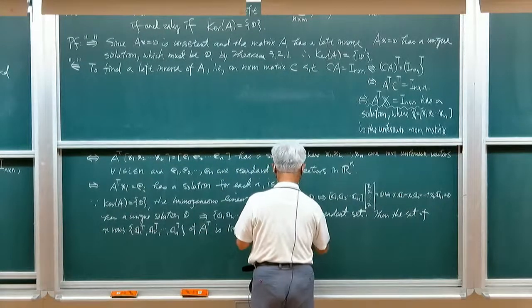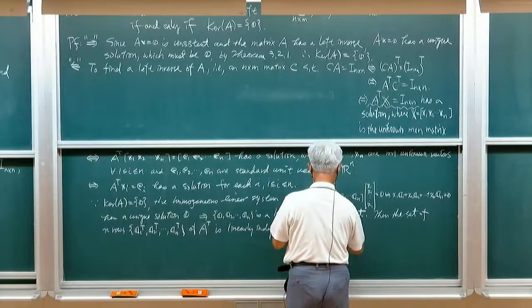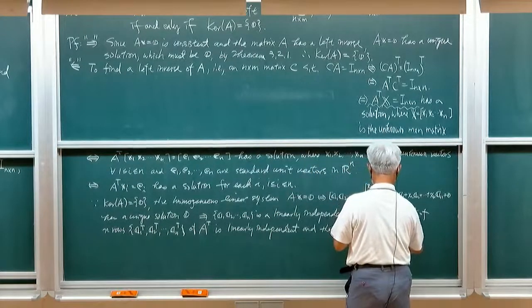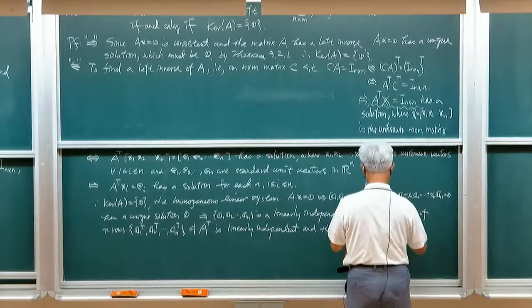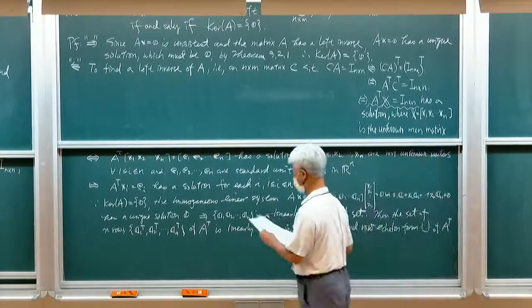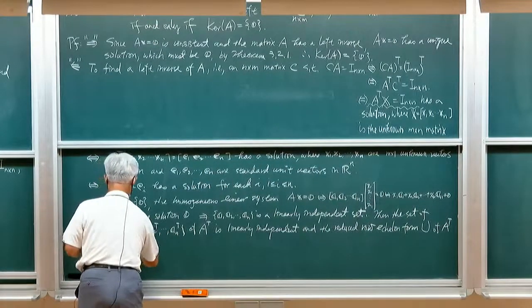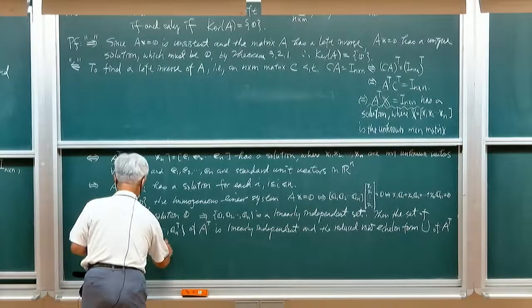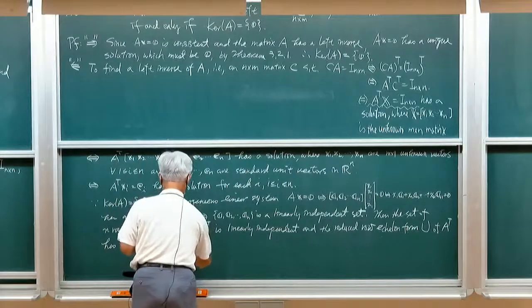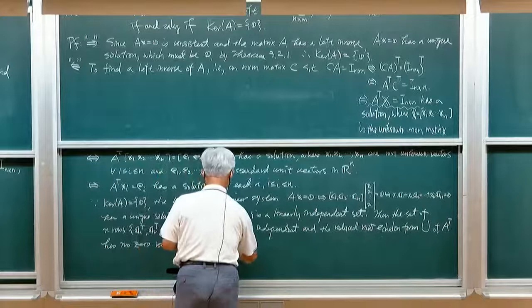And the reduced row echelon form U of A transpose has no zero row by Theorem 1.3.11.